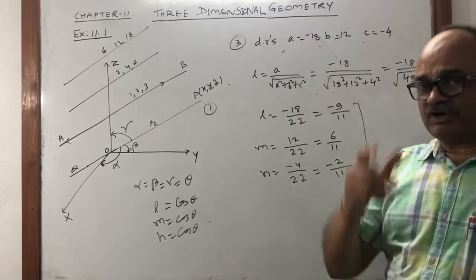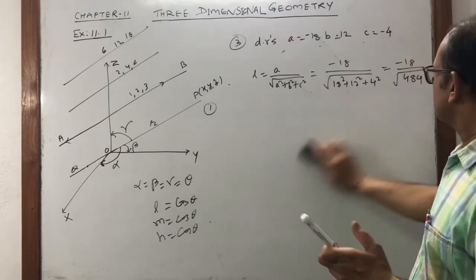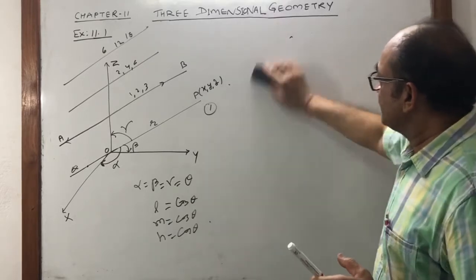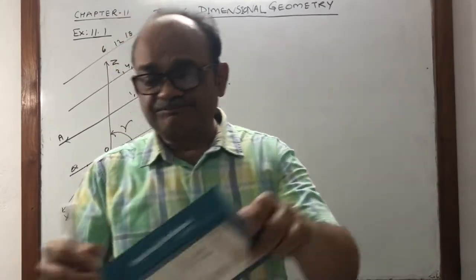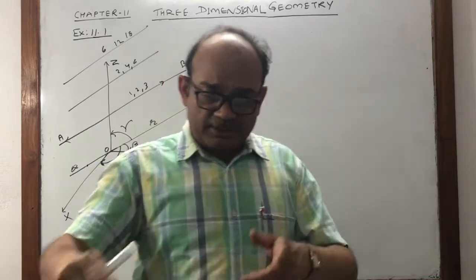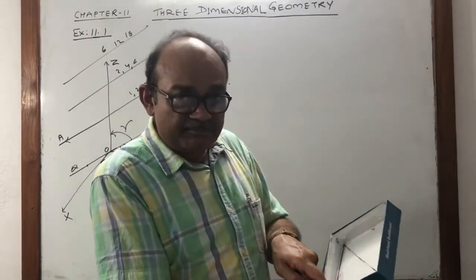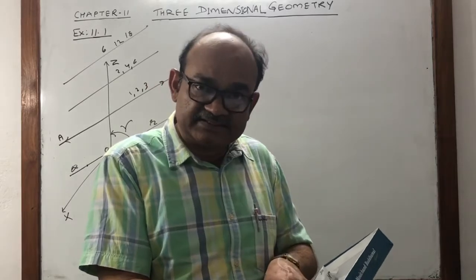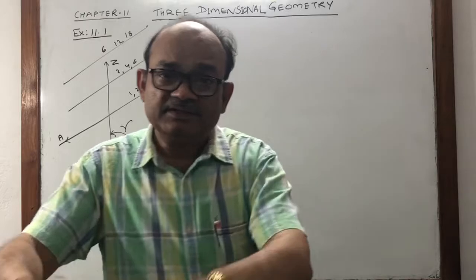Now, suppose we want to calculate DCs of the x-axis. The next important point is DCs of the x-axis. X-axis means only this side. Suppose we put a thread on the x-axis, then this thread makes 0 degree with the x-axis, 90 degree with the y-axis and 90 degree with the z-axis.